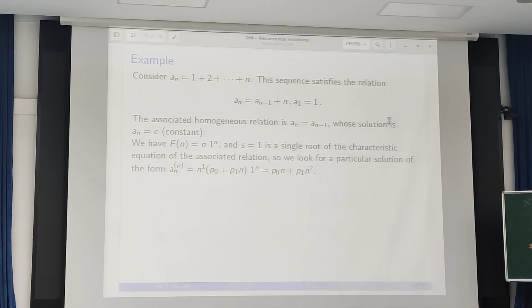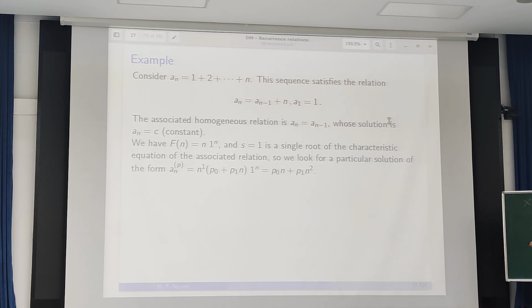Okay? And we have s to the power n here. Okay? So, to summarize, we will look for a particular solution of this form here. Okay? And now we will plug this expression into our relation in order to find P0 and P1.